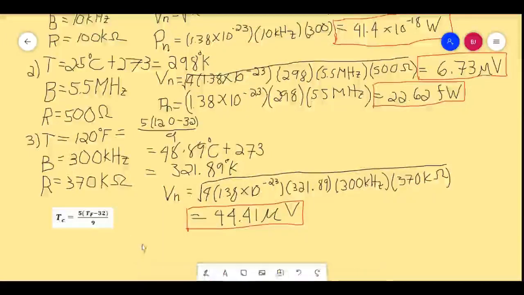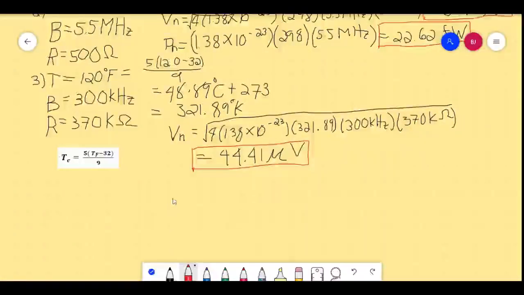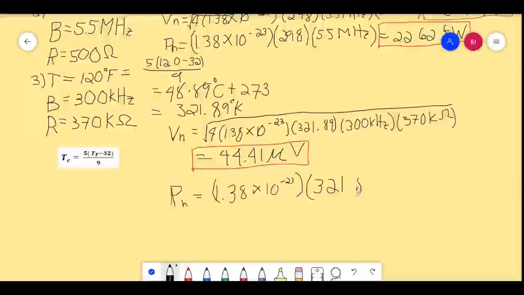Finally, we will now be able to compute our noise power. Noise power, just kTB. So 1.38 times 10 to negative 23. Temperature is 321.89. And then this is 300 kilohertz.